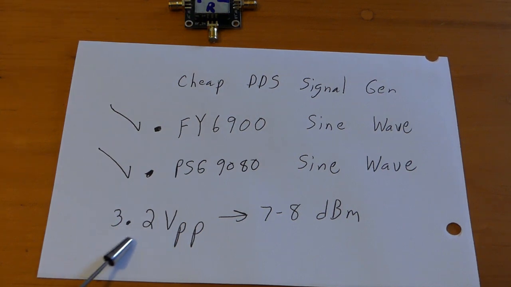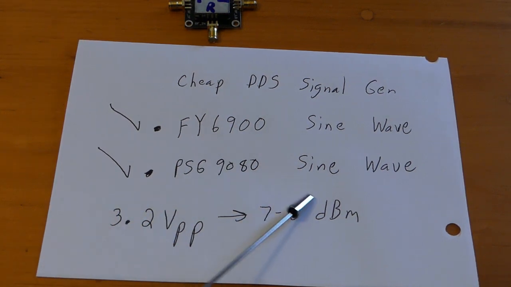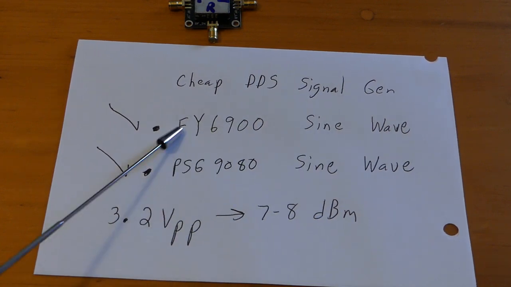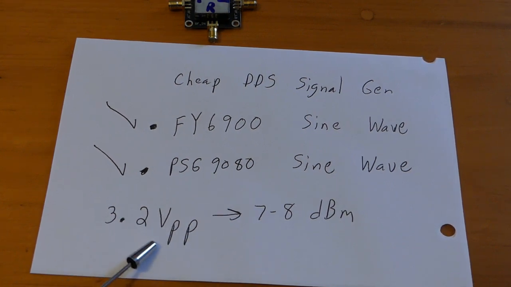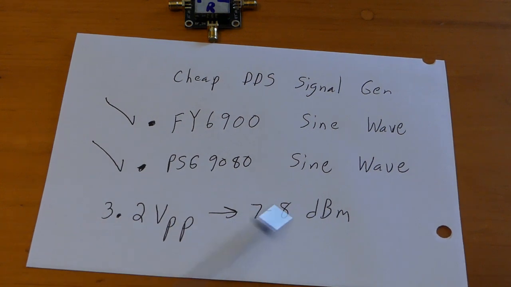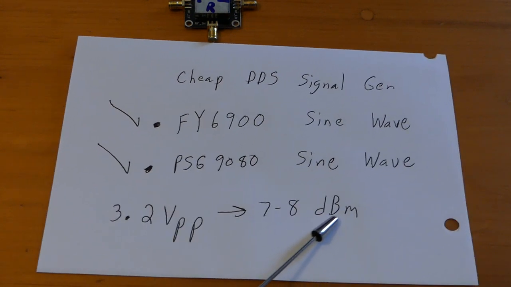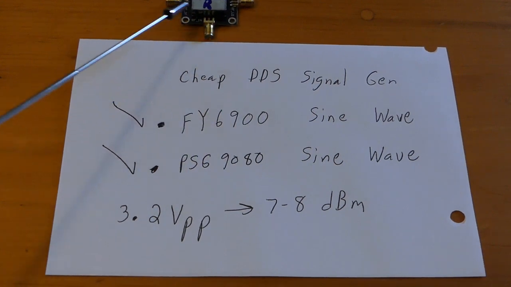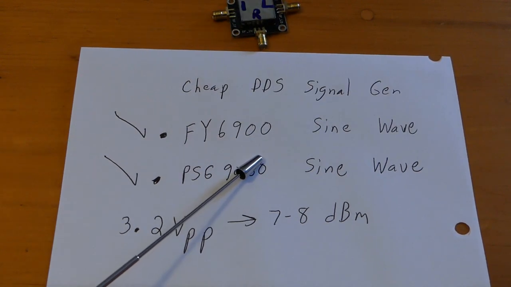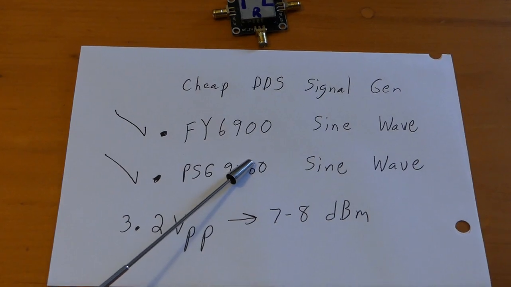I know it says 3.2, but because you're putting this into a 50 ohm load, what you're really getting is 3.2 divided by 2, okay? If you do the math, you'll see that is somewhere in the ballpark of 7 or 8 dBm, which is what we want to drive the LO side of that mixer. Keeping it all simple for you folks.